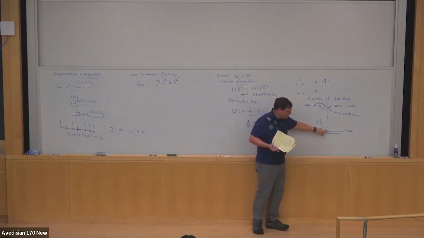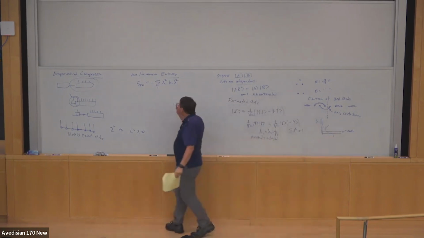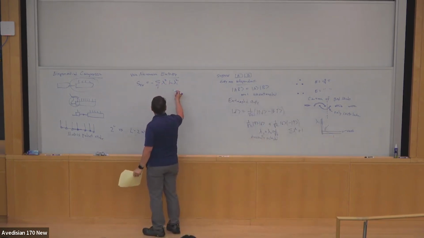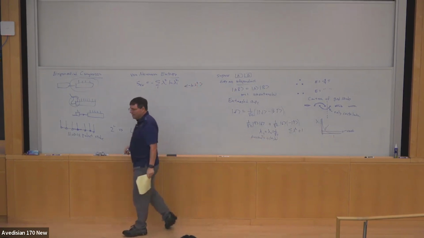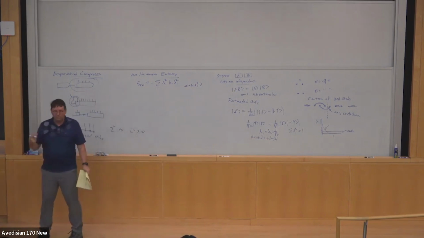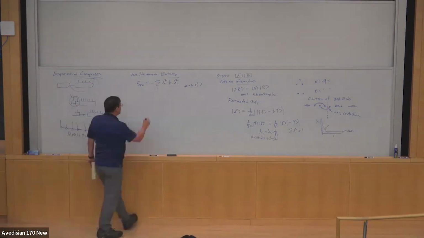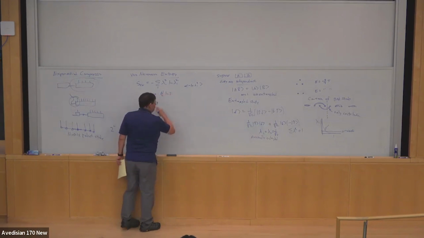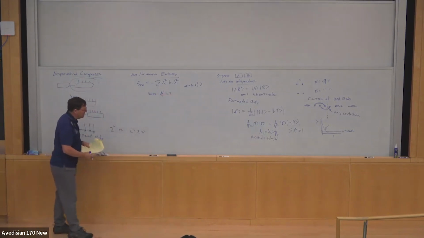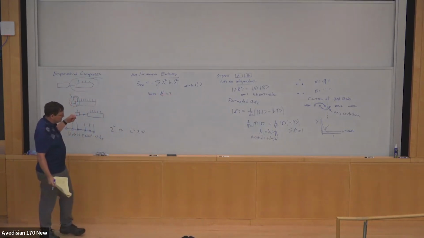If all the weights are the same, then you can think of this as the average of minus log lambda_i squared. If they're all the same, then you just get n over 2 log 2, for a system of n qubits.